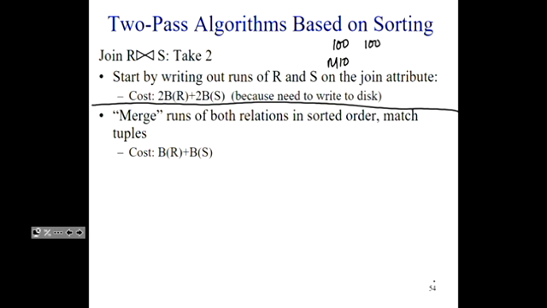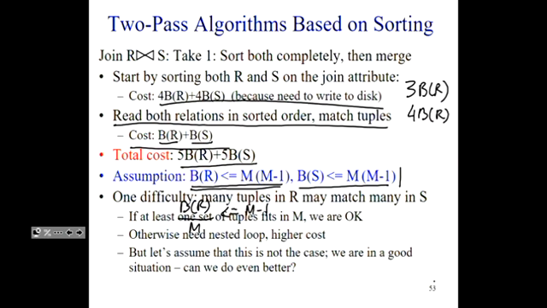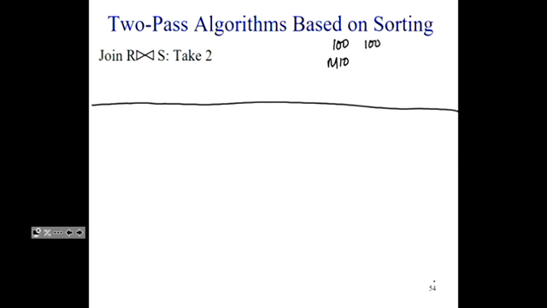Would that be enough? I need to make sure that I'm meeting my condition, M times (M minus 1). Let me try to reduce that a little bit. So let me take M equal to 10, B(R) is 50, and B(S) is 50.